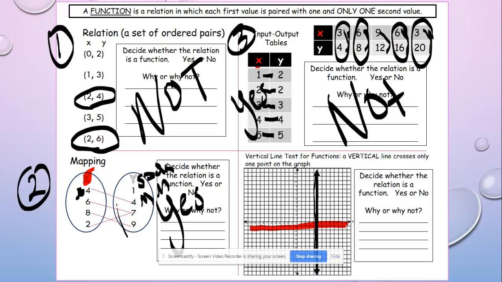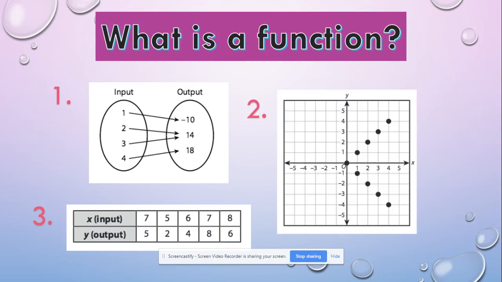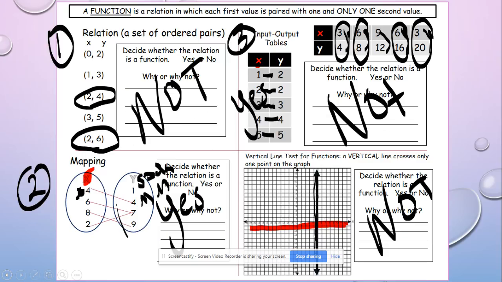So this, in essence, would be not a function. If I go back and draw another line, and I use the vertical line, I can see that this graph would be a function because it is only touching the function in one spot.